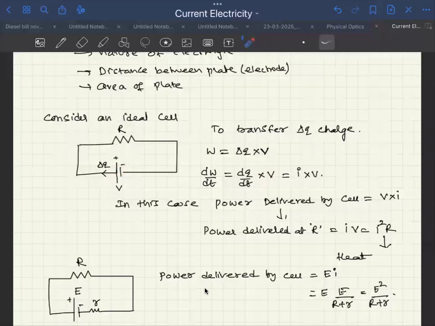I am telling you again, all this is true if the internal resistance of the cell is considered to be 0.